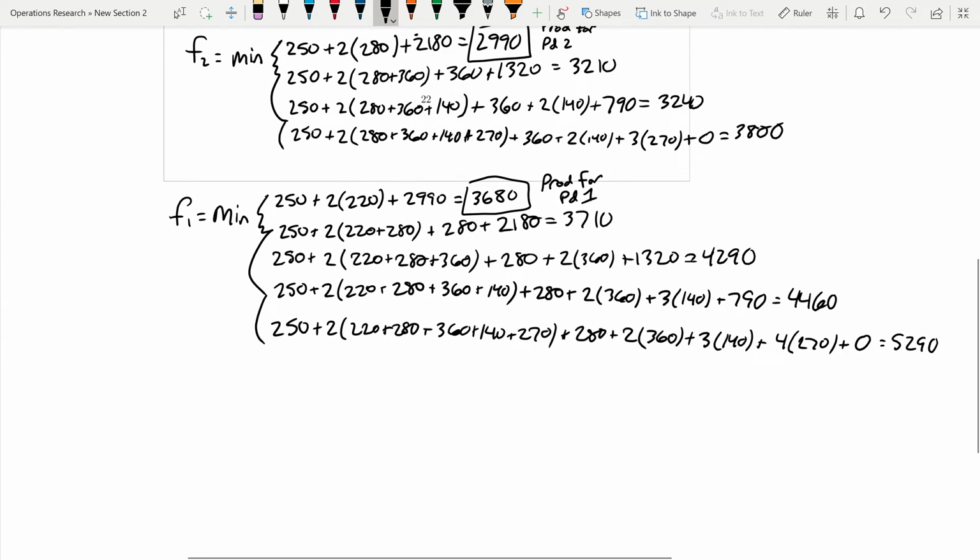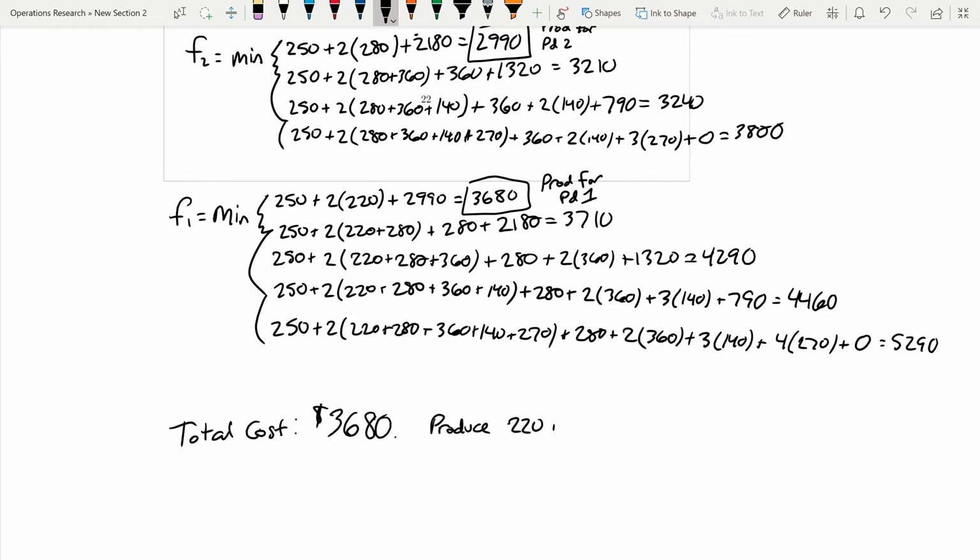So now we can see our total cost here is going to be equal to F sub 1, which just means we're going to be paying a total of 3680. And to get this, we're going to produce 220 units in period 1.